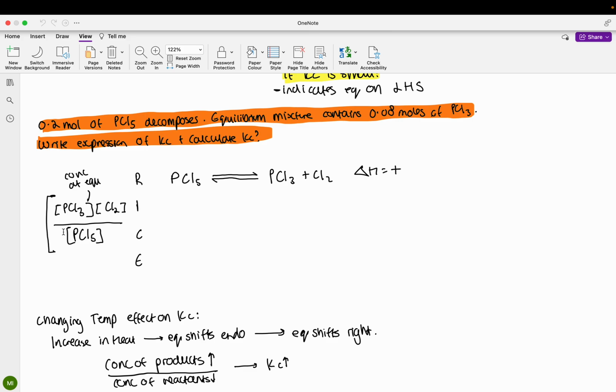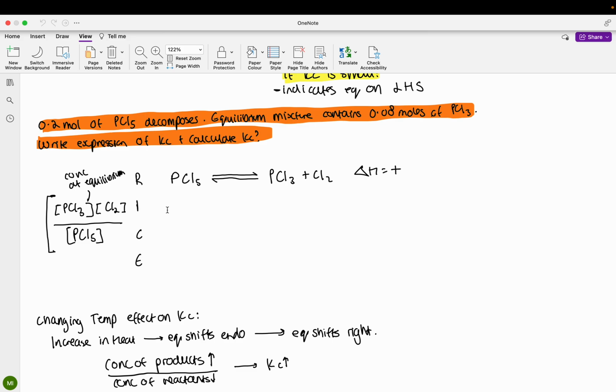Not the concentration we had at the beginning, the concentration at equilibrium. So what we need to do is look at how much we had initially and how much it changes over the reaction. So for example, we read the question and we see that it says 0.2 moles of PCl5 decomposes, meaning this 0.2 moles is how much we had initially before it decomposed.